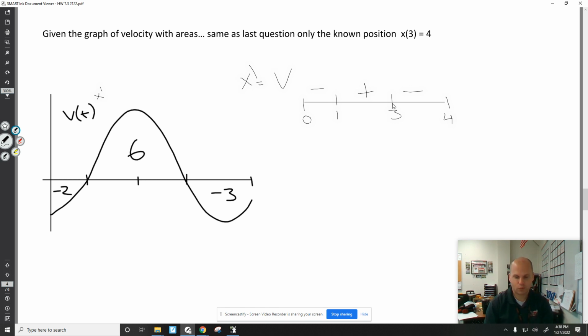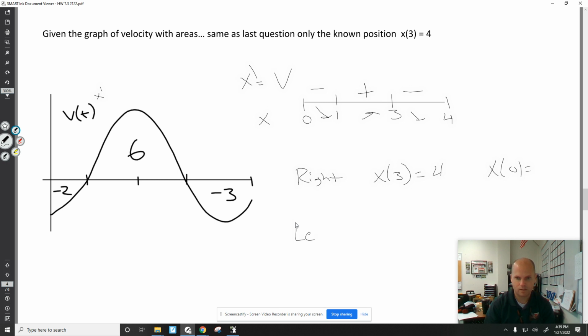At 3, I know I'm changing directions from right to left. Positive, negative, right to left. So, in terms of furthest right, 3 is an option. And I already know what x of 3 is. What also is an option? At 0, well, I start at a place, I go to the left, which means my starting point could have also been where I'm furthest right.